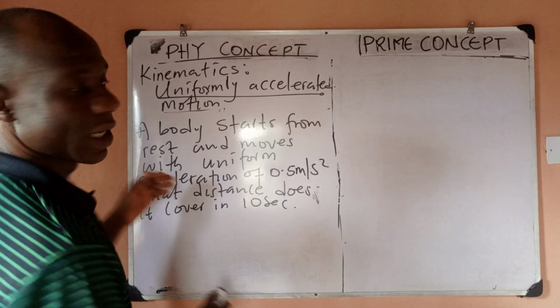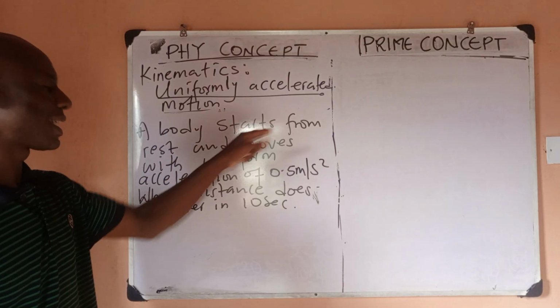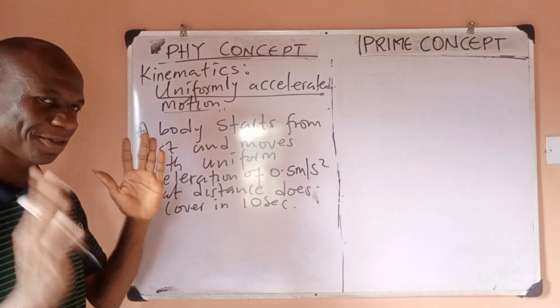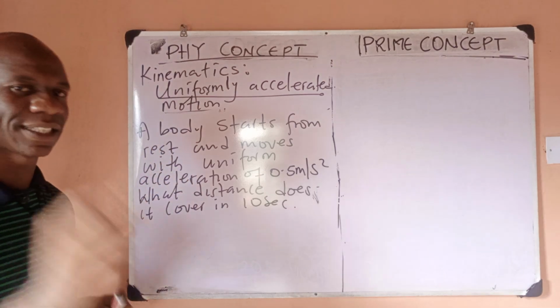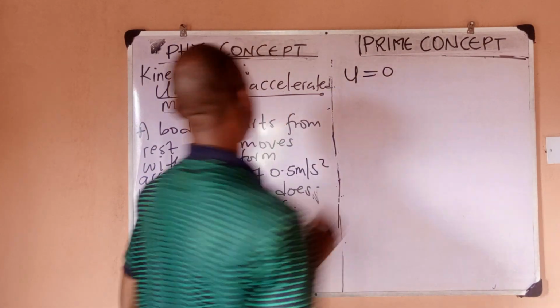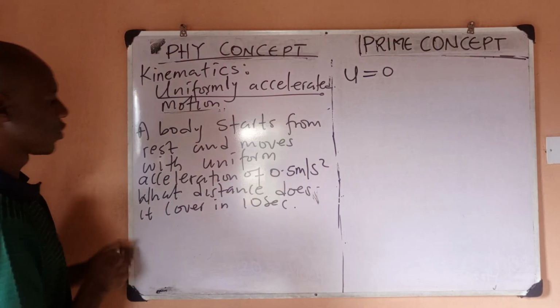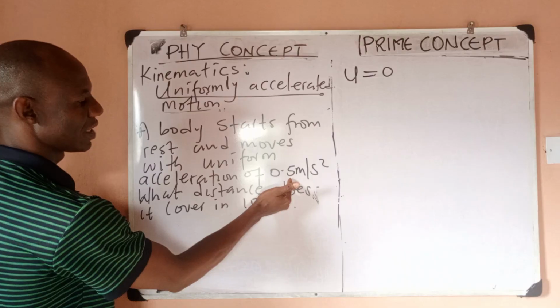All right, now let's quickly handle this problem. Now the question says a body starts from rest. Very important. So what rings in your mind now? From rest would mean that the initial velocity u is 0 and moves with a uniform acceleration of 0.5.